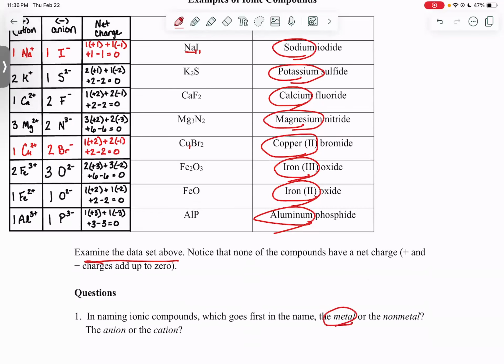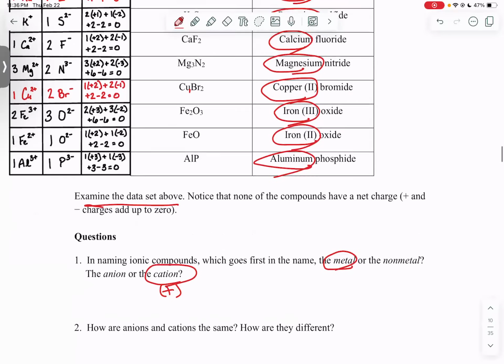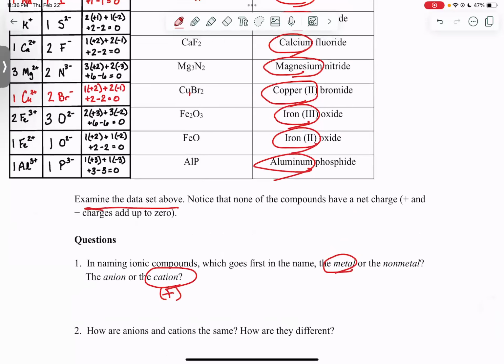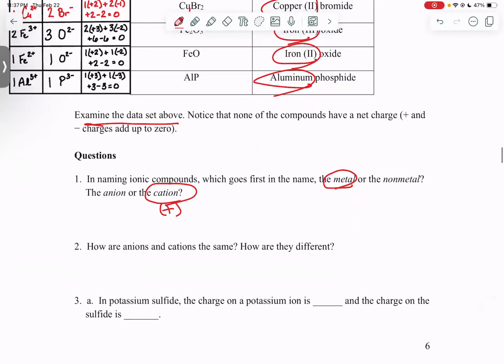And what do metals do? Metals have less than 4 valence electrons, so they're going to lose those valence electrons. They lose negatively charged particles, and they become positive, which is a cation. So same thing in the formula, our cations go first. Remember, cats are so cute, and you're always going to let them go first.